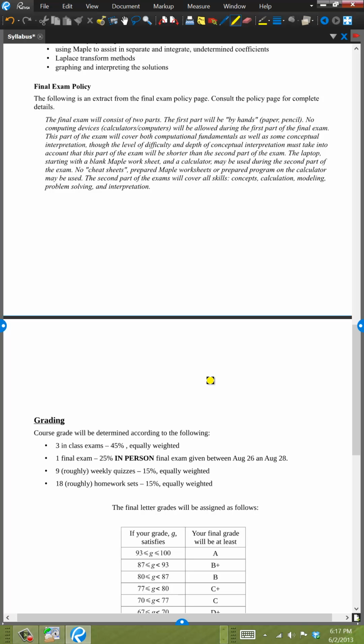There will be a first part that is by hands, so just paper and pencil, no calculator, no anything else. You'll take that first part, hand it to me. I'll give you a second part of the final exam where you're allowed to use Maple. Okay, so there are two parts, just like Calc 1 through 3, a by hands and a by Maple part.